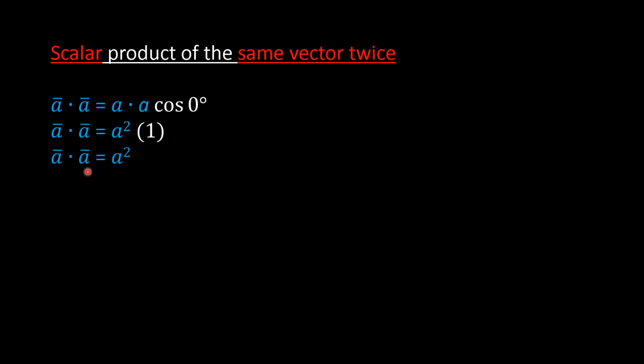So a bar dot a bar will be a squared. Similarly, b bar dot b bar will be b squared, c bar dot c bar will be c squared, etc. Here a squared, b squared, c squared are all scalars or plain numbers.